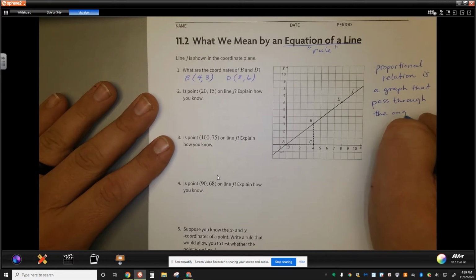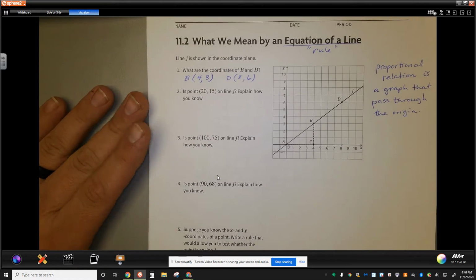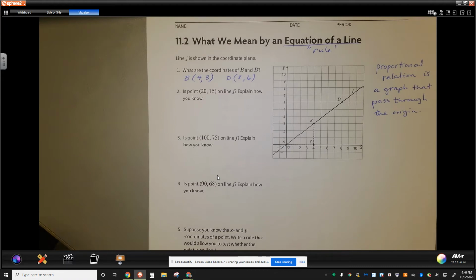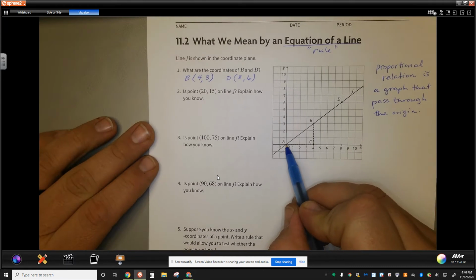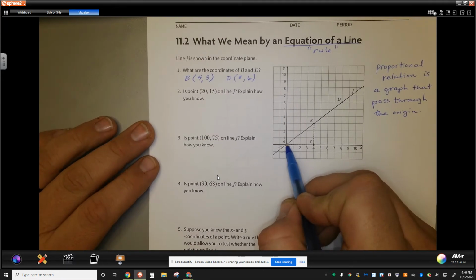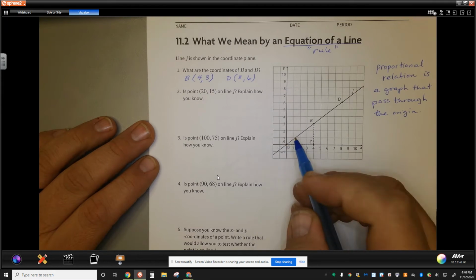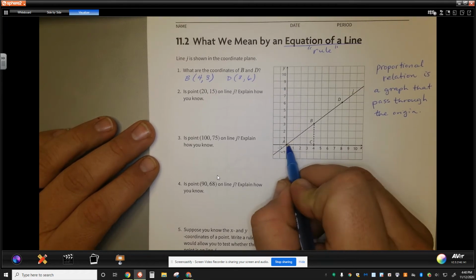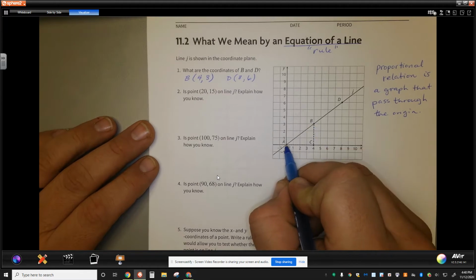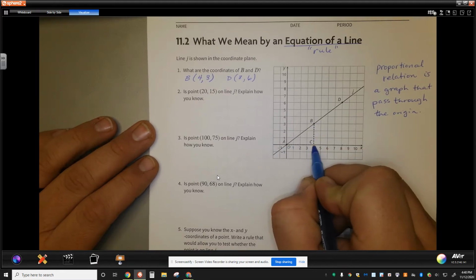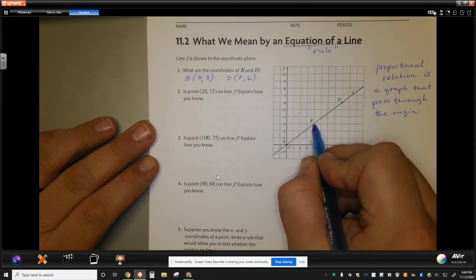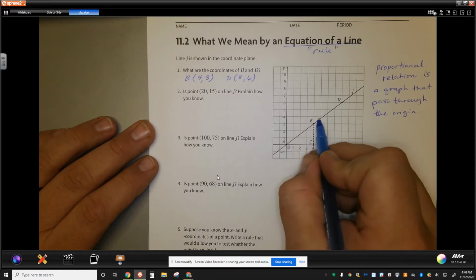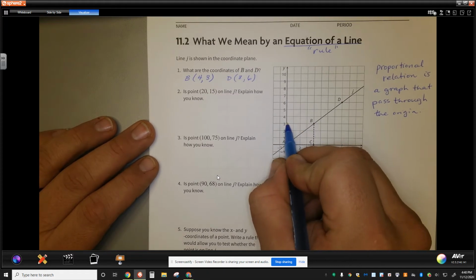The reason why I call this line proportional is because we start here at 0, 0, and for every y coordinate, y responds directly to x. So if x is moving over 4 units, then y is going to move up 3 units. That's one way to think about it, or change in y.